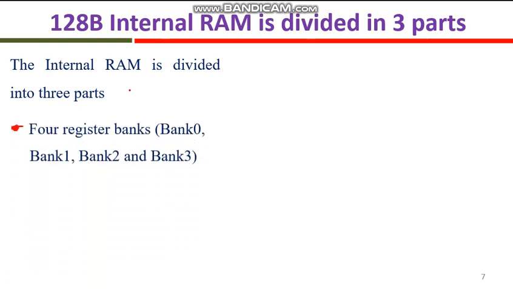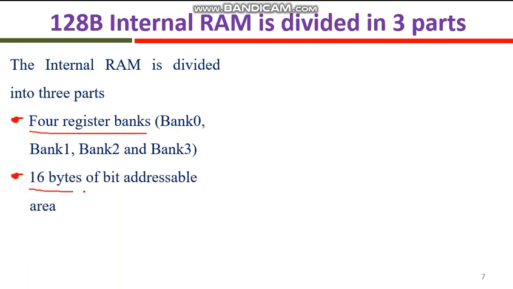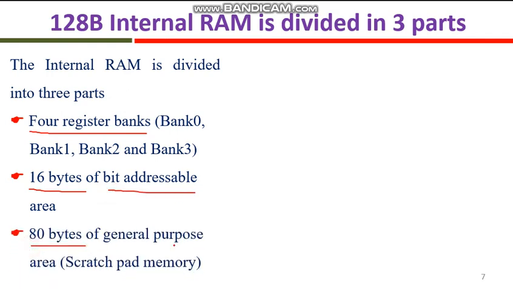So you can see here the internal RAM has 3 parts. One part is 4 register banks, second is 16 bytes as a bit addressable area, and 80 bytes as GPR.